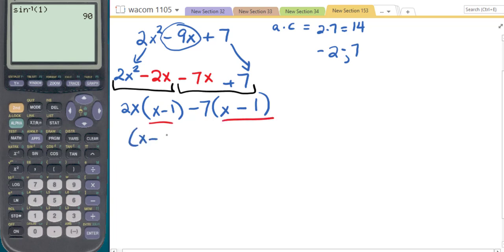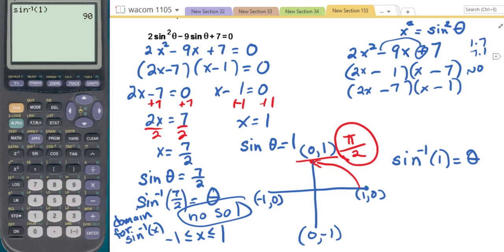So we end up with x minus 1 times 2x minus 7. Your order there doesn't matter. The whole parentheses can be switched. And that gives us the same factoring that we had earlier. Just going to go back on here. So I have x minus 1 and 2x minus 7. Here was 2x minus 7, x minus 1. Same thing. So you could have used factor by grouping, change this to 4 terms and factor by grouping if you prefer that to trial and error.